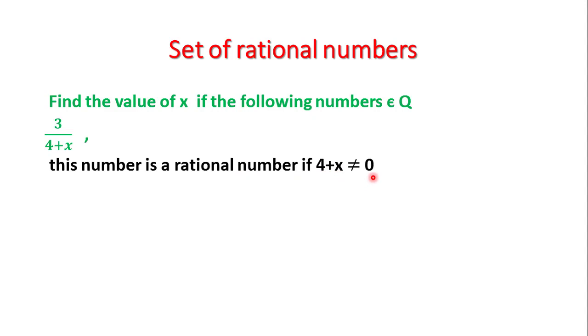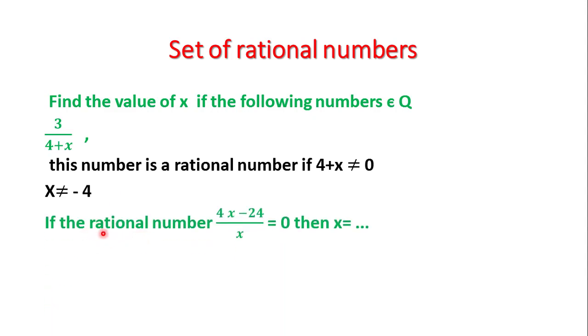Now let's solve this equation. We want only x, so we move 4 with a negative sign to the right-hand side. So now we have x doesn't equal negative 4. So the value of x is any integer except negative 4.